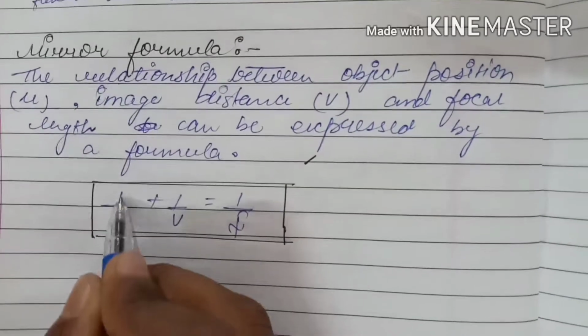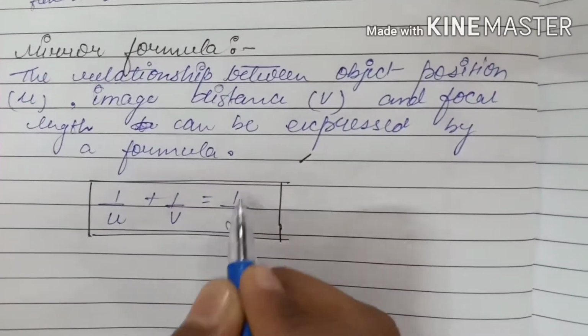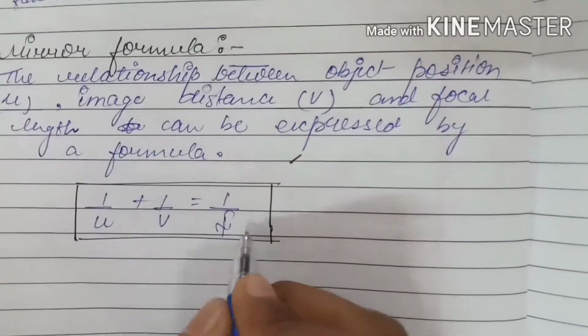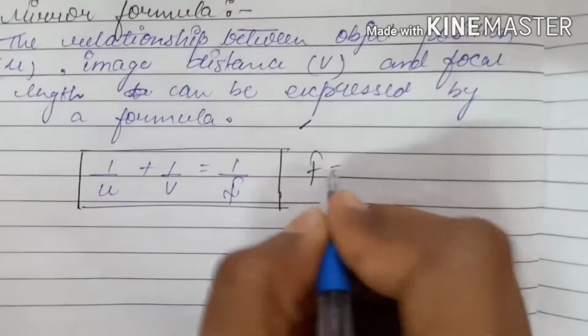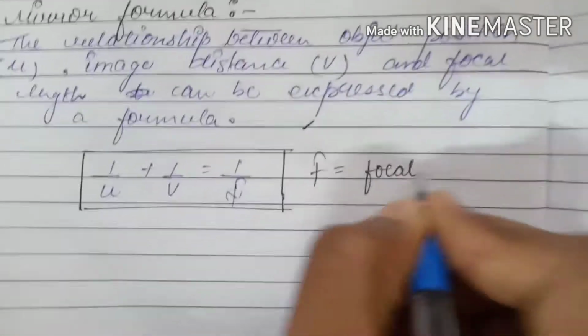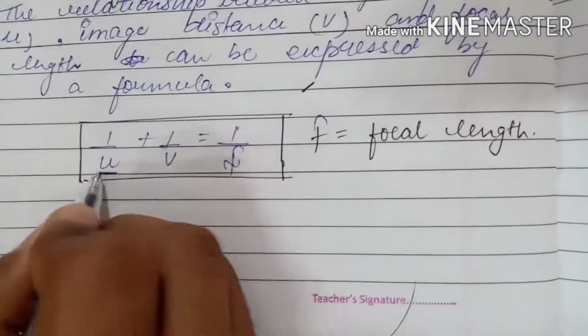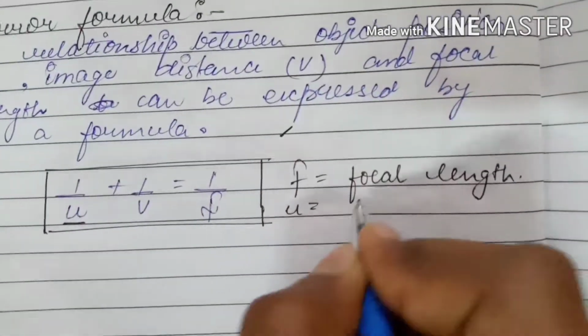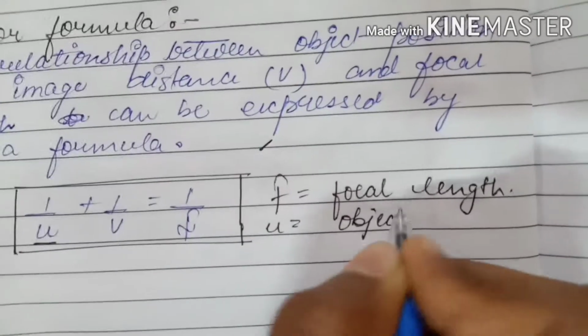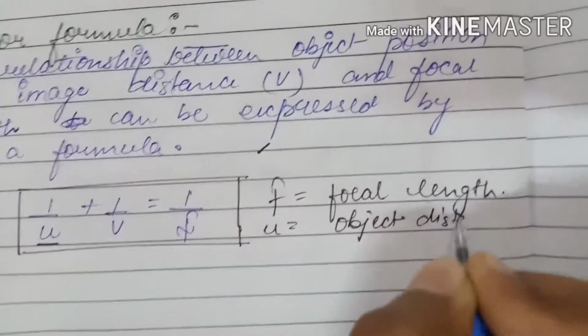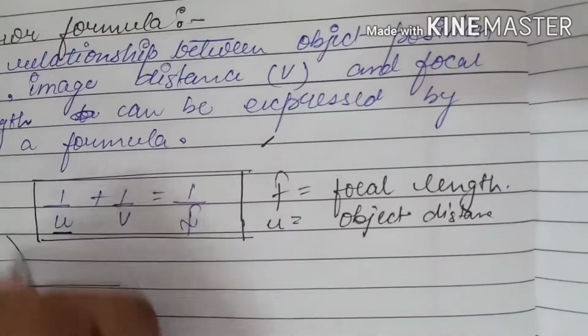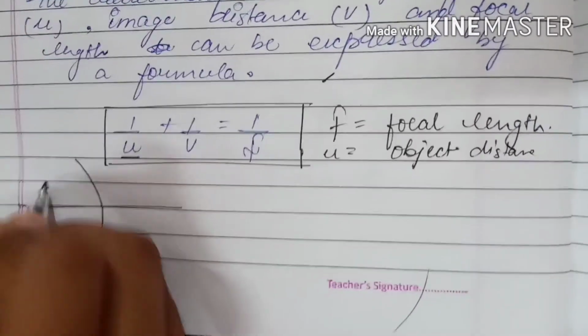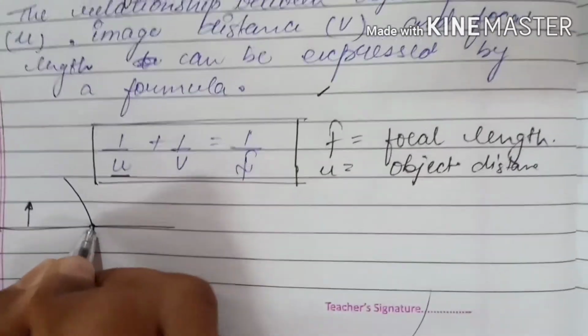Here I have used 1 by u plus 1 by v is equal to 1 by f. Now you already know that f is the focal length. Now u will be the object distance. It means if I have kept an object here, from the pole we measure all the distance.